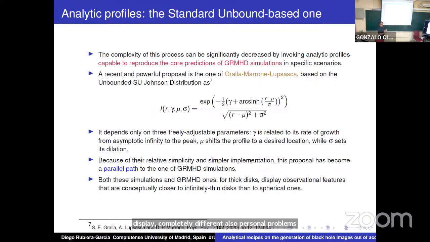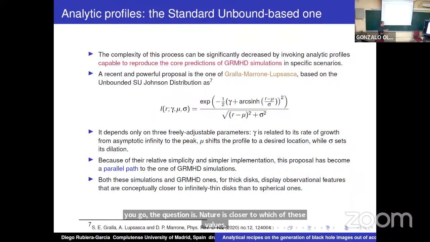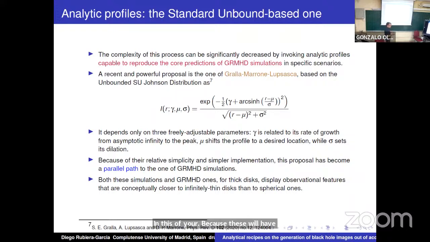This is important, because typically this is an assumption you make. The question is, which of these realities is nature closer to, in terms of the observables, given that the disk will have some kind of thickness? For a reasonable thickness, from observations or simulations, are the predictions for the observables going to be closer to the thin disk or to the spherical ones?